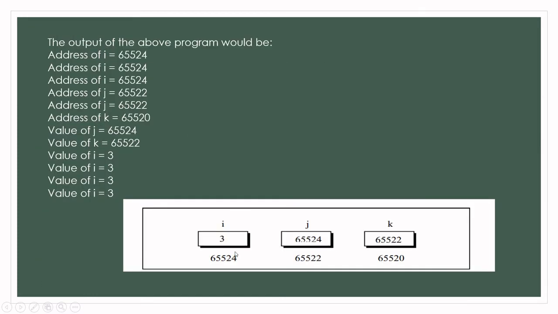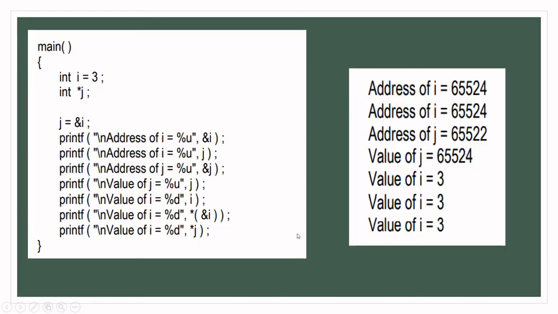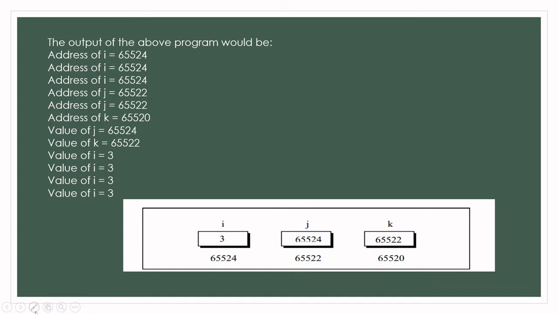So over here, j holds the address of i, and this is contained in this. So that's known as pointer j. A pointer j points to this memory location. Over here, the address of i is stored.